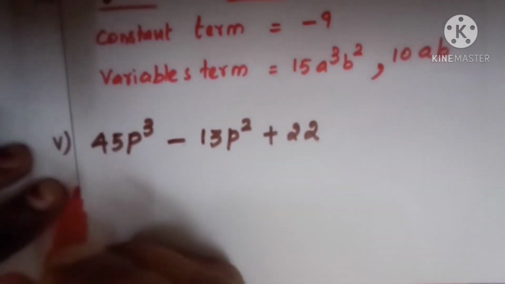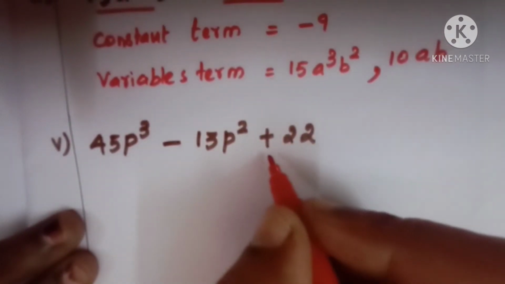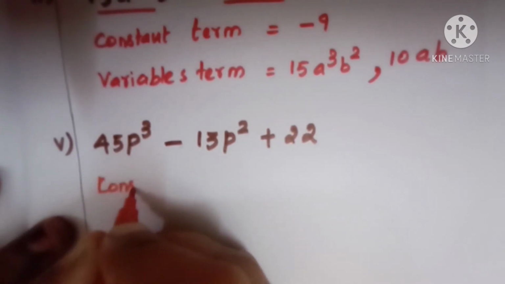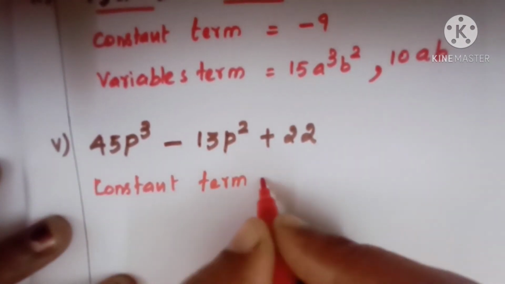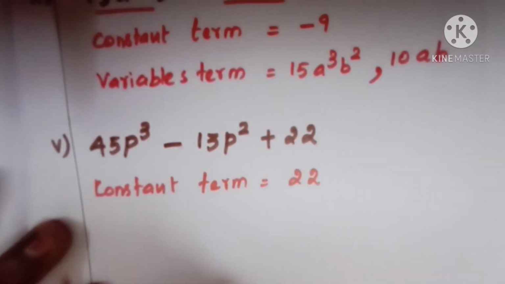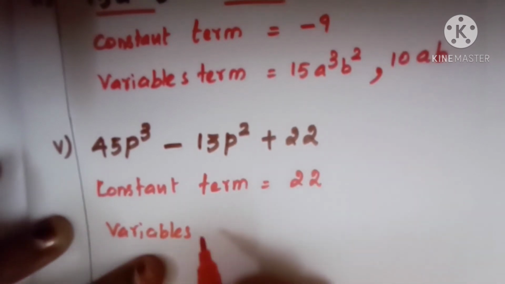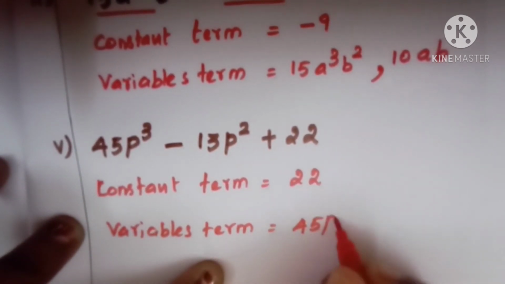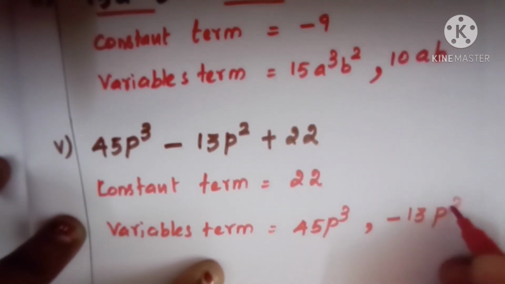And the second sum: 45p cube minus 13p square plus 22. Here the constant term is 22 and the variable terms are 45p cube, minus 13p square.